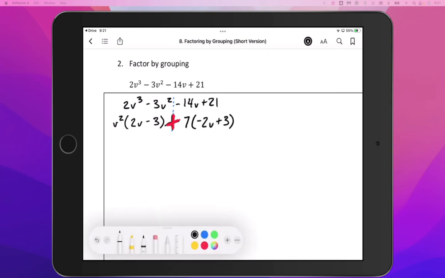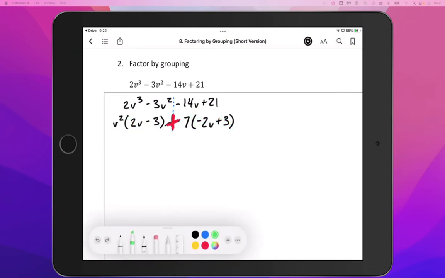Alrighty, so now I see that on both sides, magically, again, I don't have the same thing. Look at this. I've got a negative 2v plus 3, and I've got a 2v minus 3. So they are not the same, so I can't factor them out. So we need to do a little bit of problem solving. To make the one on the right look like the one on the left, I need to take a negative 1 out.